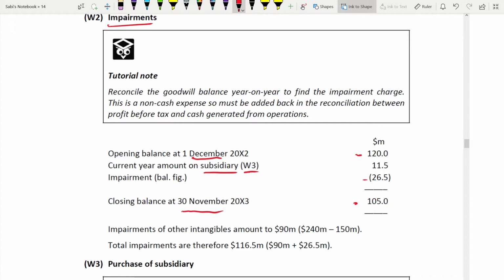Which is 11.5. First we'll see the opening and the closing balance. What is this opening and closing balance? This is the goodwill balance. Okay, you have to reconcile the goodwill balance to find the impairment charge. 120.